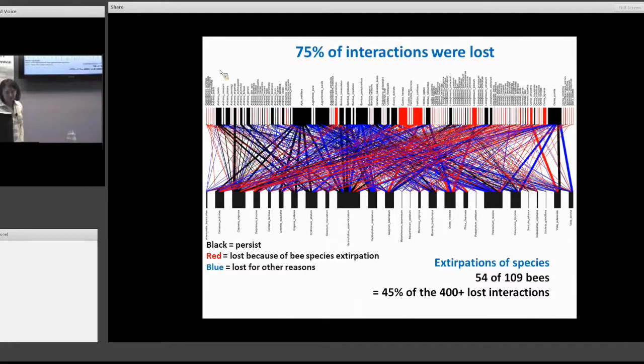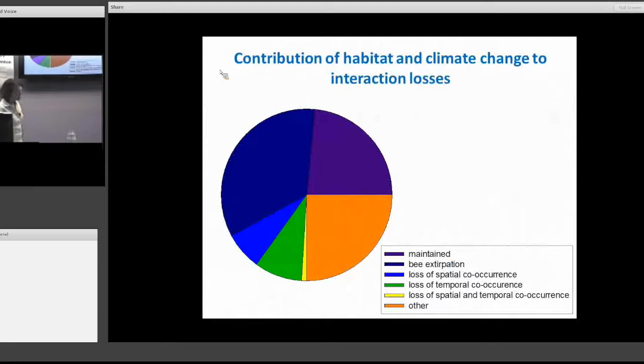If we just look at a general breakdown of what happened to all these interactions, what contributed to their losses, this chunk here, these are the 25% of interactions that have been maintained. And this large chunk represents the interactions that were in red in the last figure, so those that were lost because of extirpations of bees.